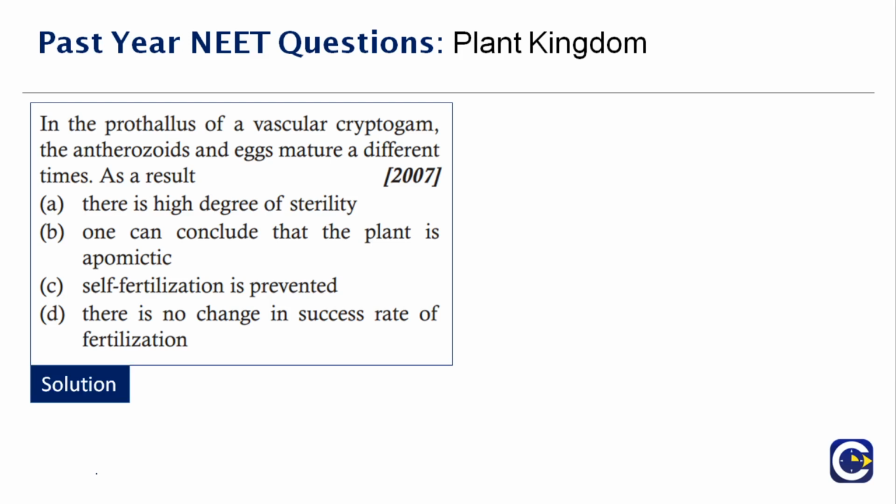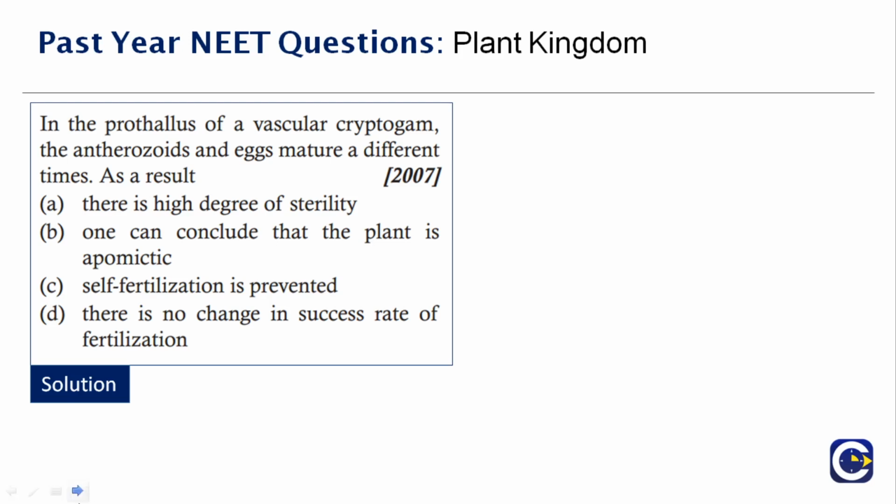Here you are given four options. We all know that the female sex organ is the archegonium and the male sex organ produces antherozoids. So in the prothallus of a vascular cryptogam, the male and the female mature at different times.